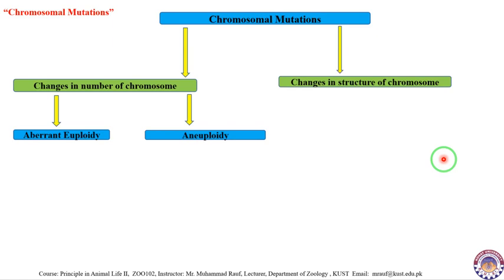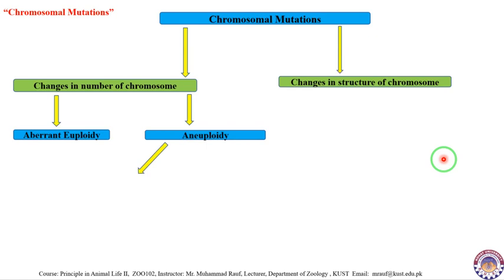Now the chromosome complement of such a situation will be 3n. So one complete chromosome set has been added and the normal number has been disrupted. Such an egg fertilized by two sperms will have 3n chromosome number, and such an egg will not survive.